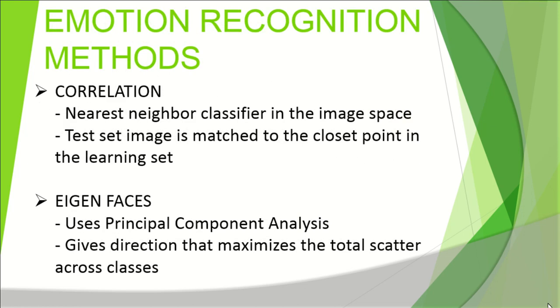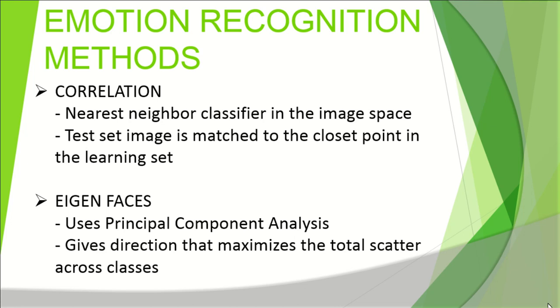Now, let's move on to the methods that are available to recognize the emotions. The methods that are considered here belong to the pattern classification paradigm. There are four such methods which belong to the pattern classification paradigm which can be used to recognize the emotions. The first such method is correlation.